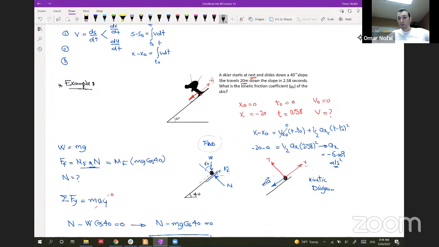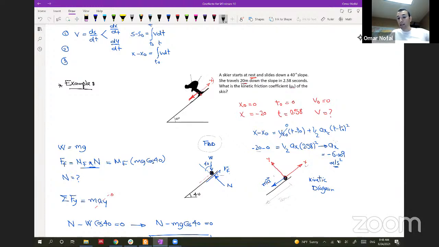When we used the 20-meter distance along with the time to calculate the acceleration, we also calculated the acceleration based on this direction. This is the x-axis and this is the y-axis. We know that the body is going 20 meters in the negative x-axis, so we put negative 20.